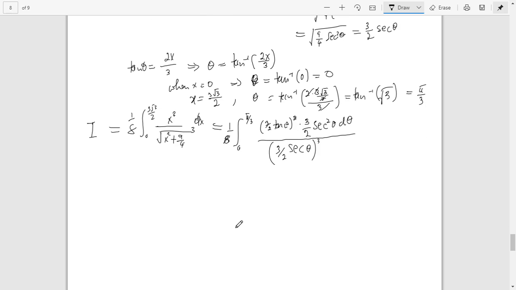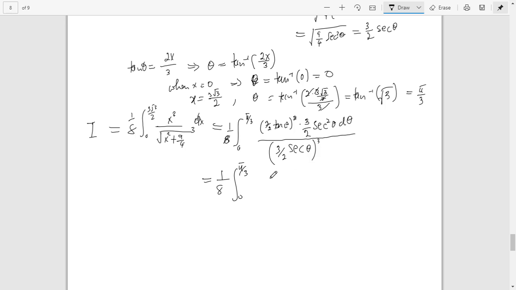Recall we have 1 over 8 here, so we'll still bring that down. Now this looks like very many things, but maybe we can write them out one by one to help us see what can cancel out and what remains.